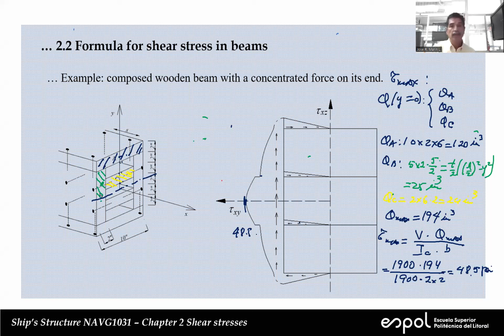Now, to check our results, on the left I'm going to calculate the average. The shear force is 1900 pounds. And the area, Ms. Jurado, tell me, what's the area of the vertical elements here?